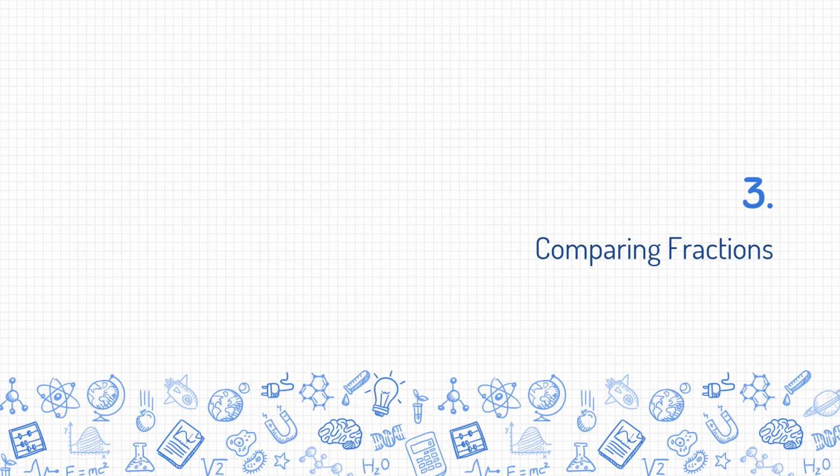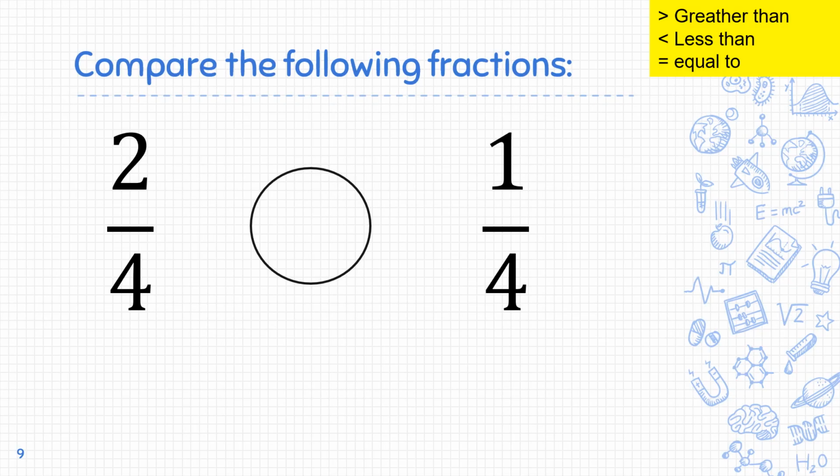Okay, now that we know how to name a fraction and how to name a part of a whole, we're going to compare fractions. So we're going to compare these two fractions. We have 2/4 and 1/4. They have the same denominator. So let's draw a little diagram, a circle, where we can see how 2/4 is going to look.